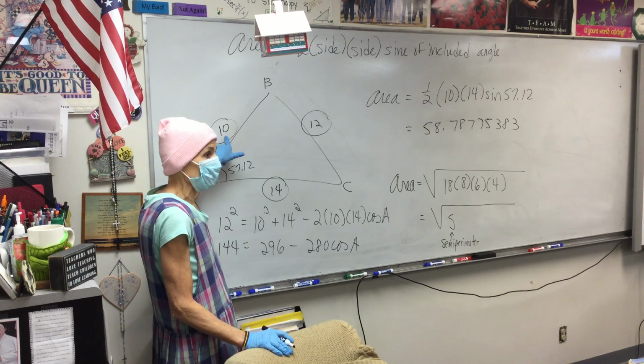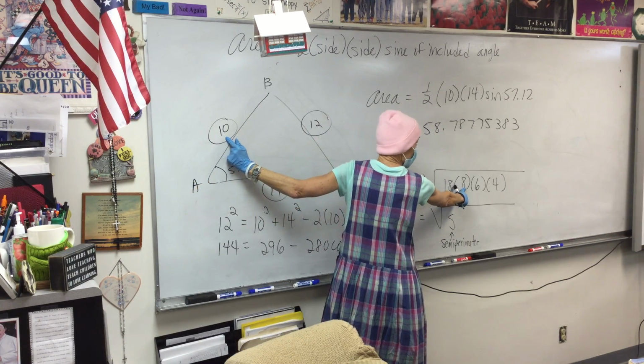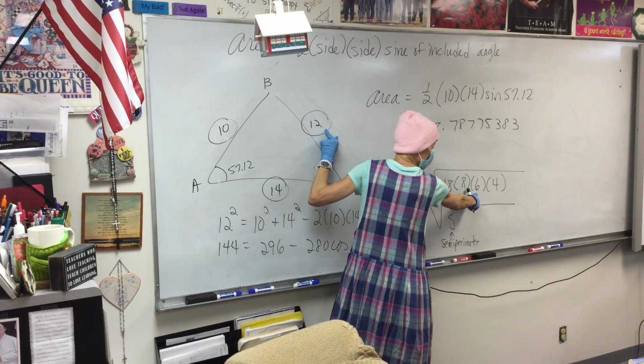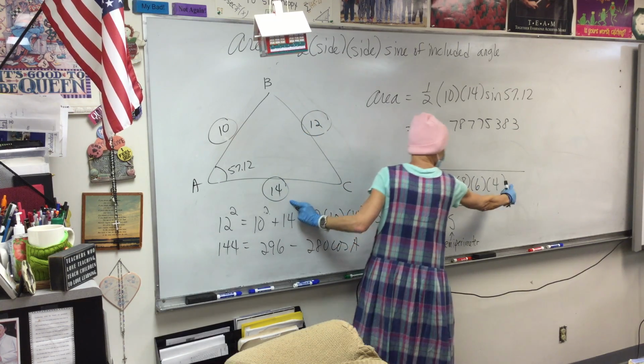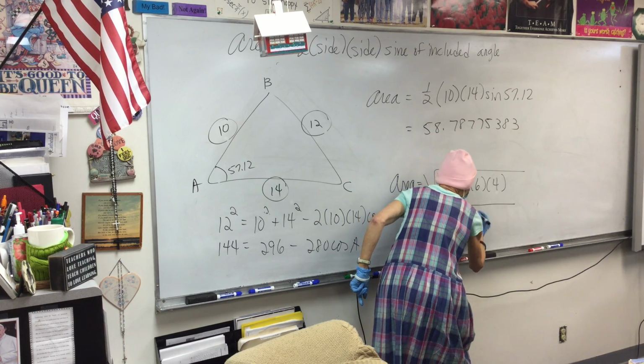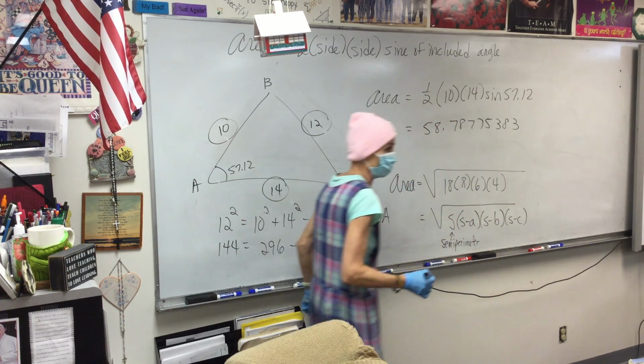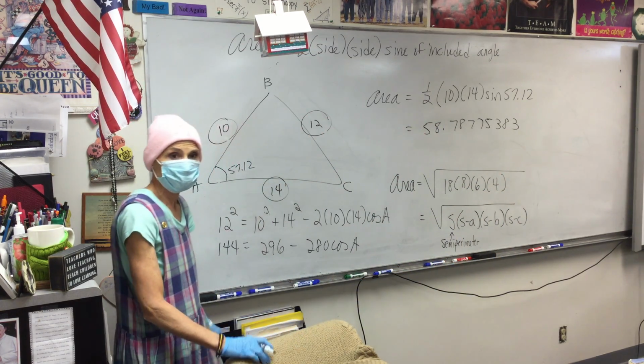Now, 18 minus 10. 18 minus 12. 18 minus 14. Those other three numbers are simply the semi-perimeter minus the length of each side.